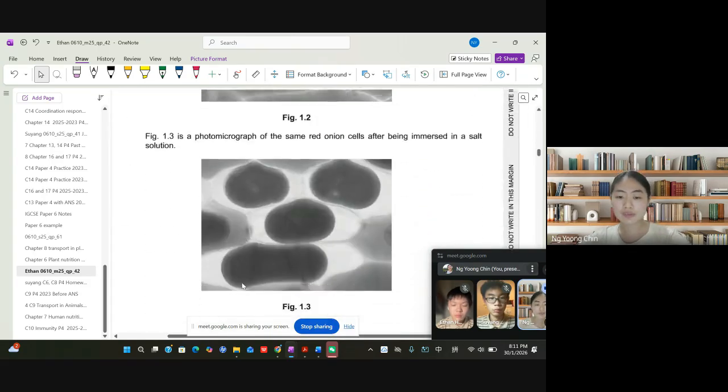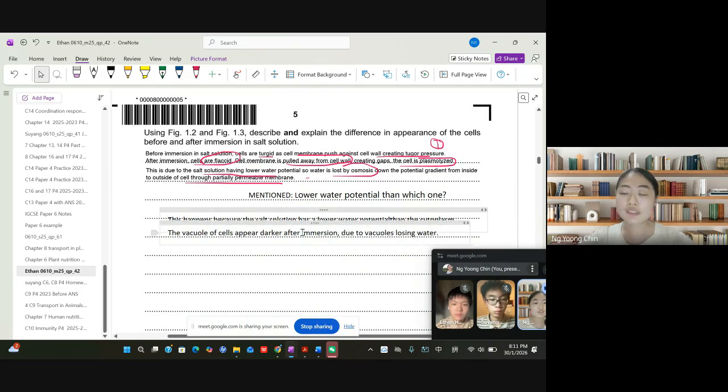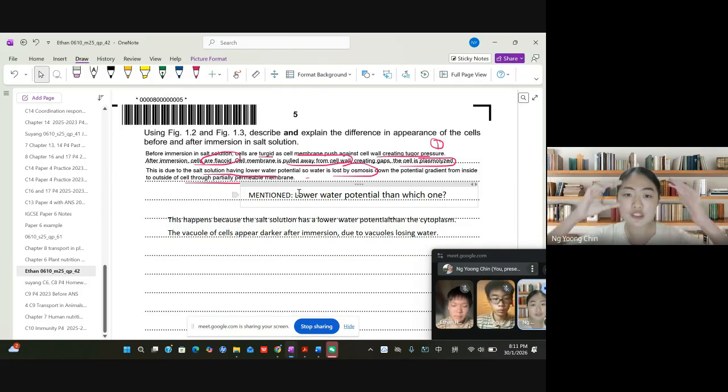And then for this one, your answer is okay, but you're lacking some points. Describe and explain the difference of the cell before and after immersion in the salt solution. Whenever you write about this, like water diffuses out from region A to region B, because region A has a higher or lower water potential than region B, you can write about the comparison.